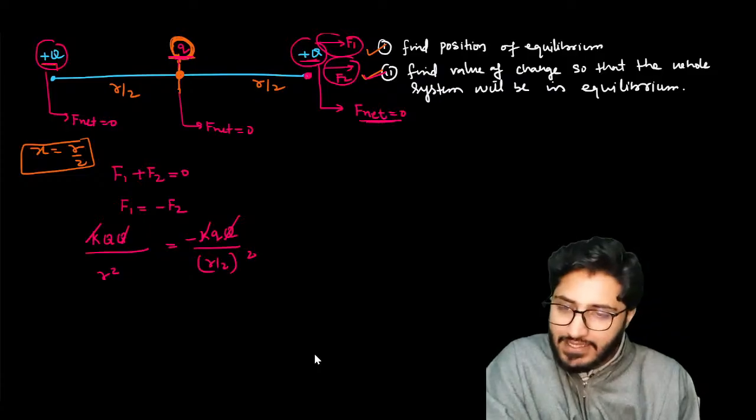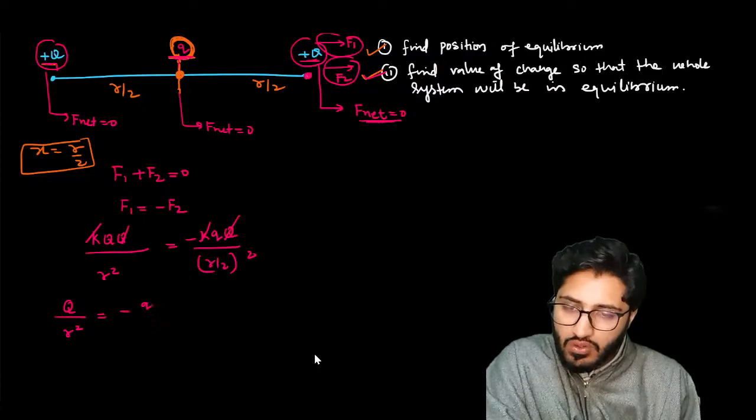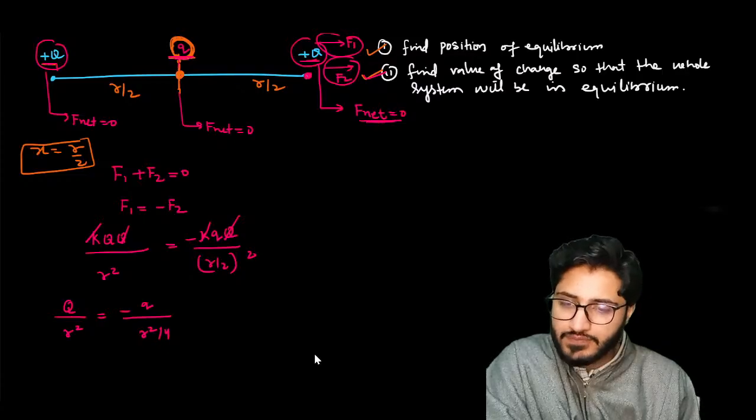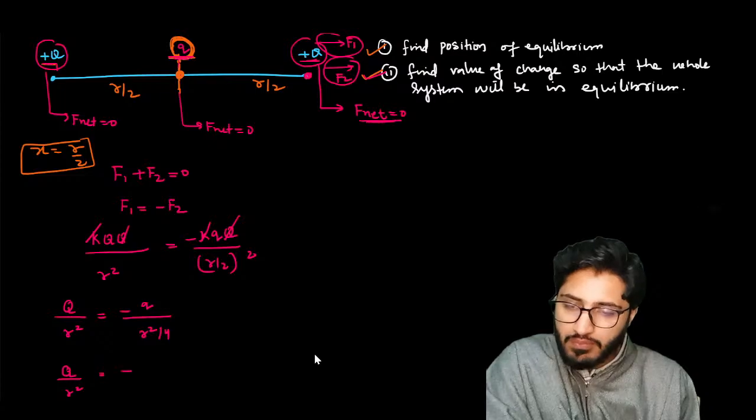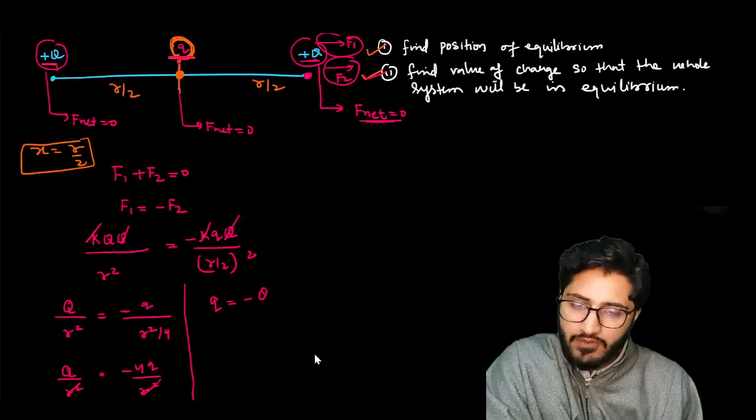So Q divided by R square is equal to minus Q whole divided by R square by 4. So Q by R square is equal to minus 4Q whole divided by R square. R square cancels out. So you can get Q should be equal to minus Q by 4.